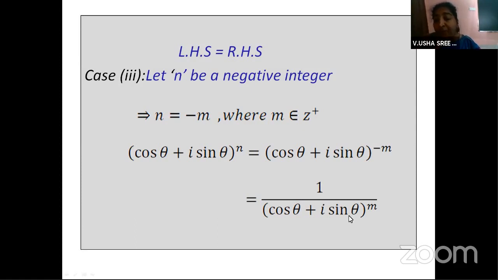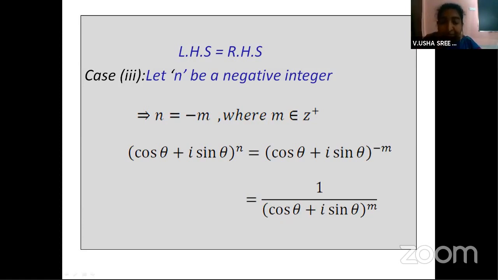Now, before we go to that, there is one more step to be taken. What is it? (Cos theta plus i sin theta) whole power m. Here the value of m is positive, isn't it? For positive integers in case 1, already we have proved that De Moivre's theorem is satisfying. That means we can apply De Moivre's theorem for the denominator here.